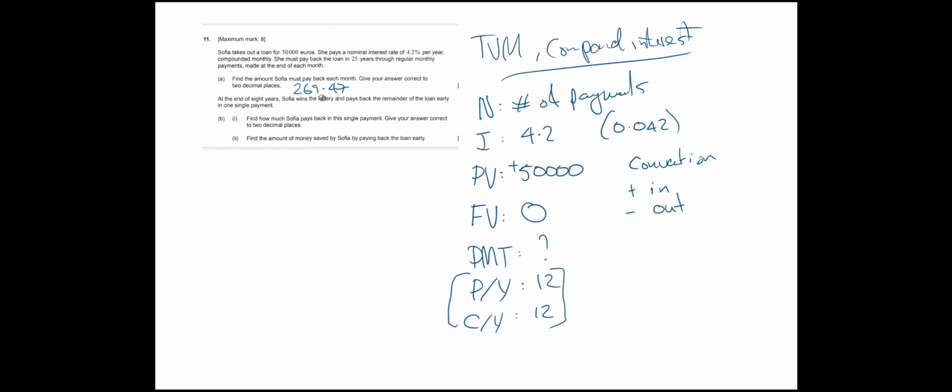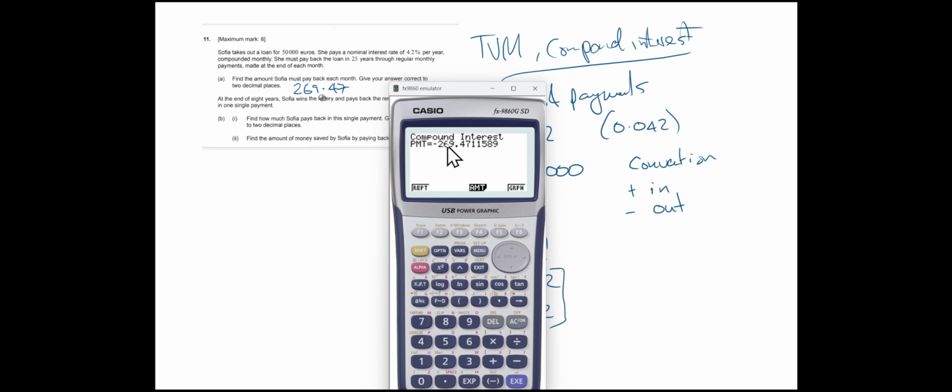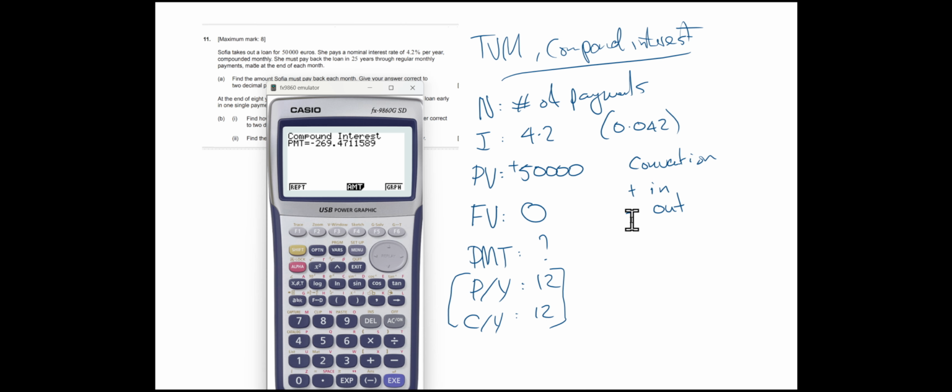So the calculator will give an answer of negative 269. Remember, the convention is that the negative number just means it's a payment that you are making. If it was a positive number, it would be the amount that the bank is paying you, which doesn't make any sense. Pay off a loan, you don't get more payments. You just pay from when you get it. Okay.